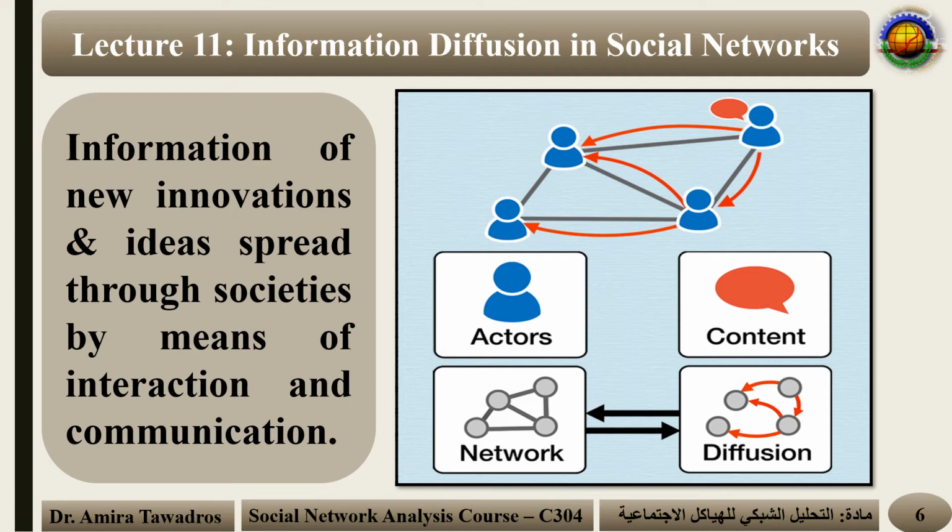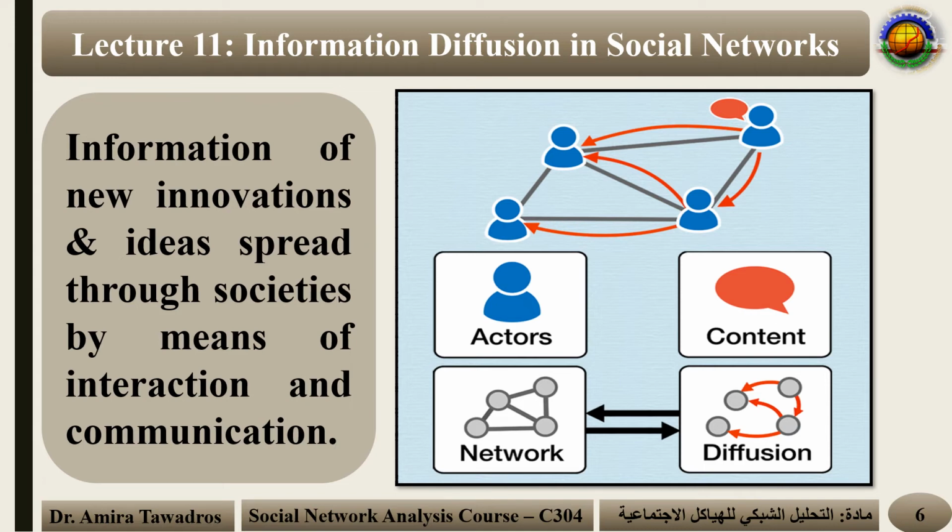So the dynamics of information diffusion, or the dynamics of diffusion through social networks, is a very important concept and very interesting to be studied. As we see in this shape in the slide, we can say that in information diffusion we have four main components.